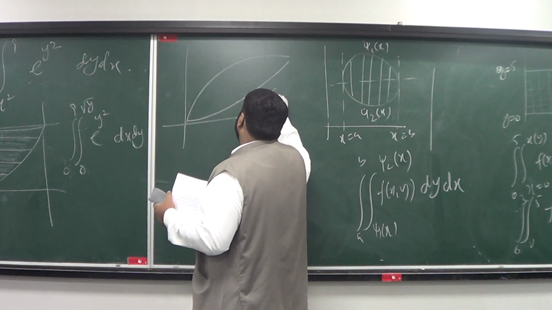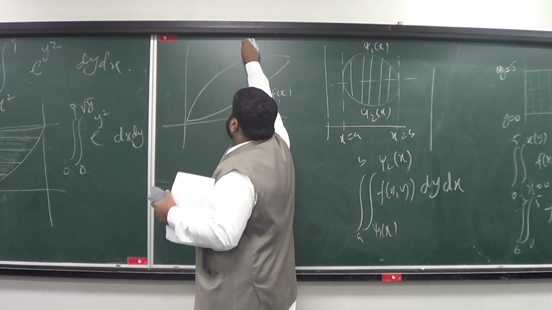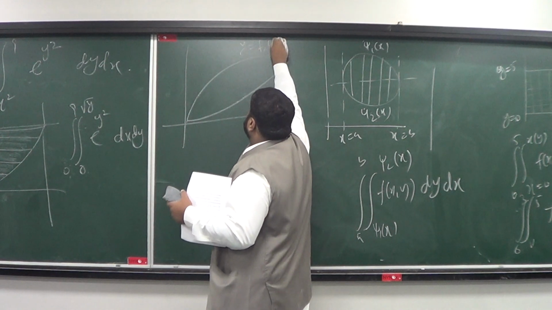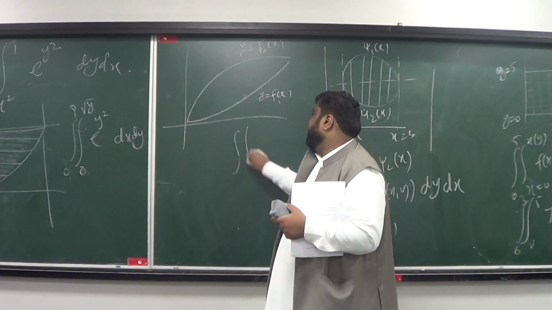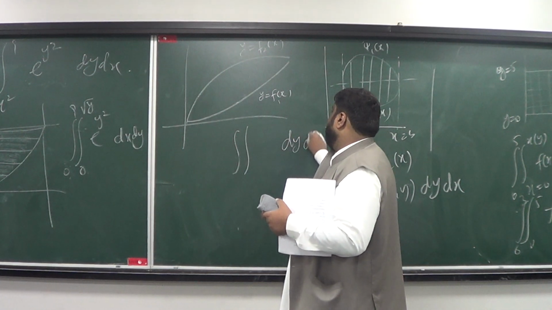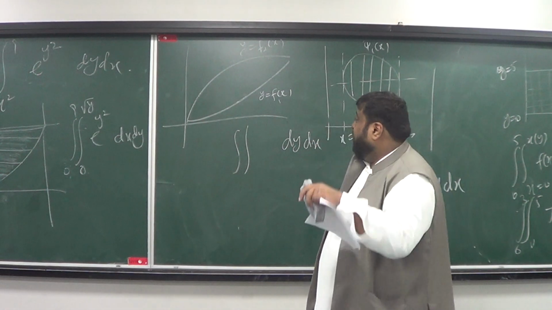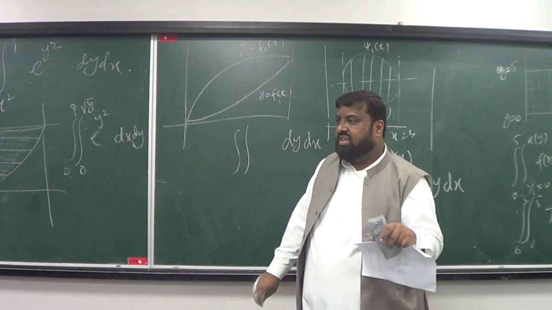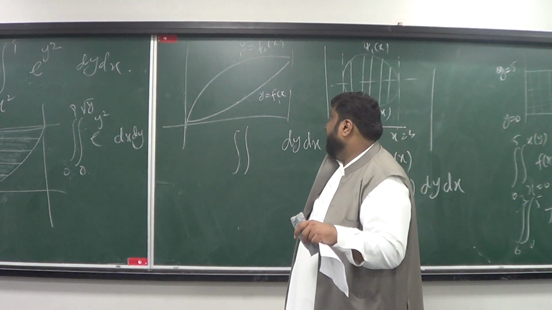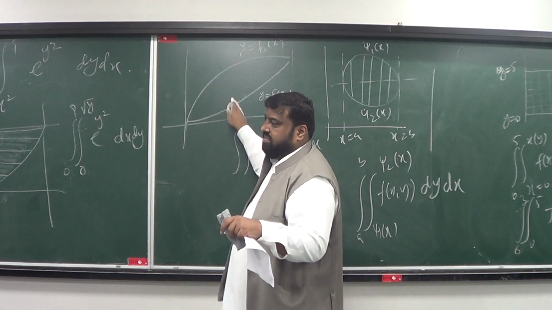Imagine this is y equal to some f1 of x, and this is y equal to f2 of x. And I want to integrate with respect to dy and dx. For x, I know these are fixed values, and for y, I'm always going from this curve to this curve.